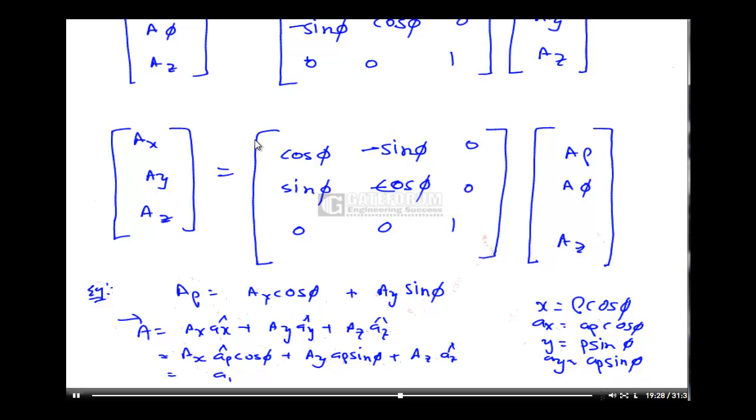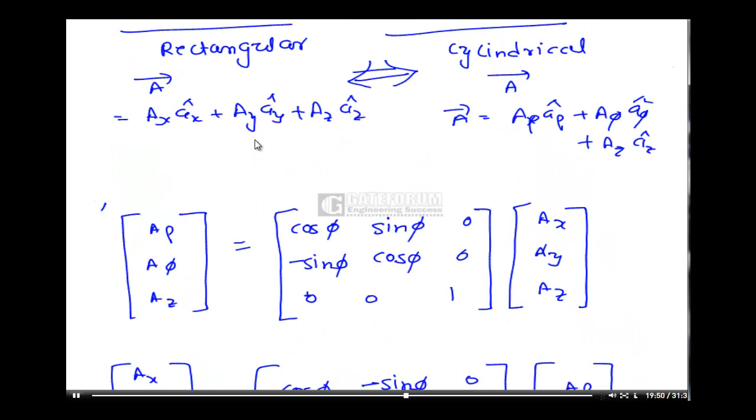If you take a rho common, it is ax cos phi plus ay sin phi plus az. The a rho component is nothing but this one, ax cos phi plus ay sin phi. So like this we can prove very easily. So these are the conversion formulas.